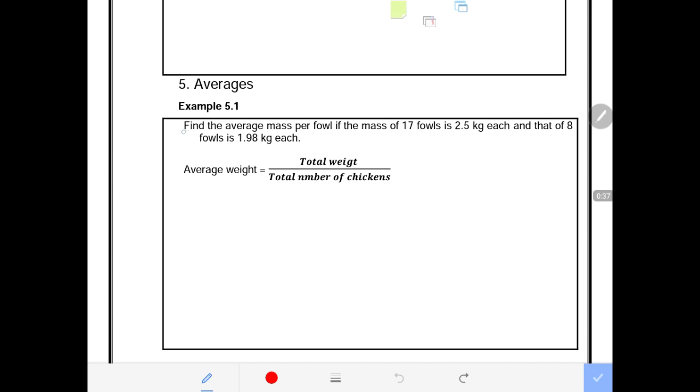Now it says find the average mass per fowl, which is per chicken, and I want to highlight that it is per chicken, because the formula will tell us that if the mass, meaning the weight, of 17 fowls is 2.5 kg each. Take notice, 2.5 kg each.